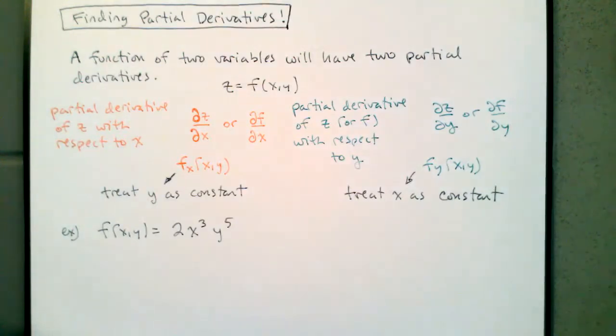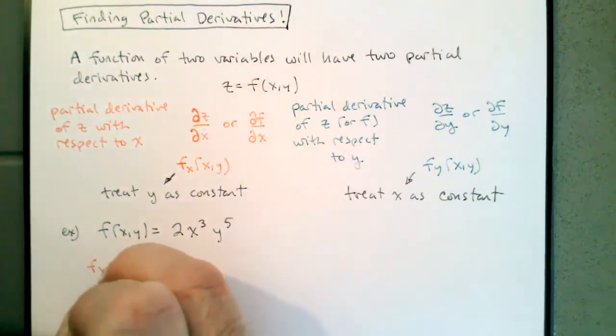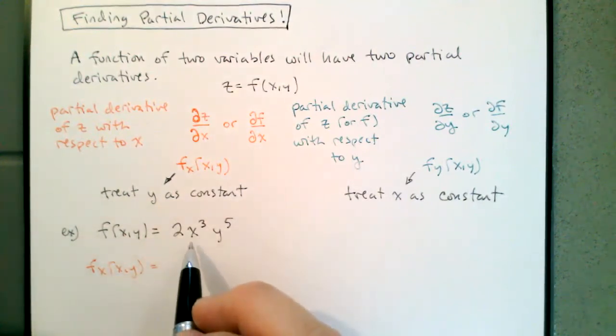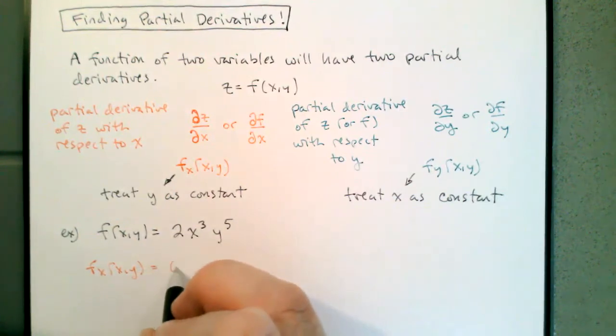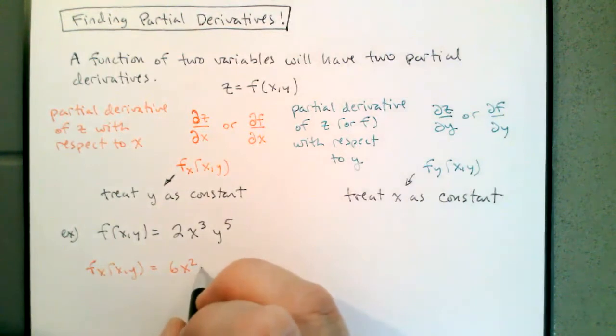So fx at xy, we'll take the derivative with respect to x. The derivative of 2x cubed is 6x squared. And we just keep the y to the fifth.